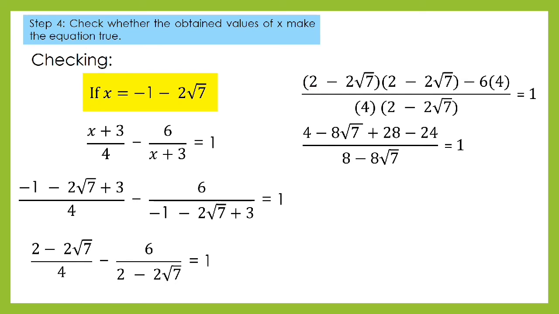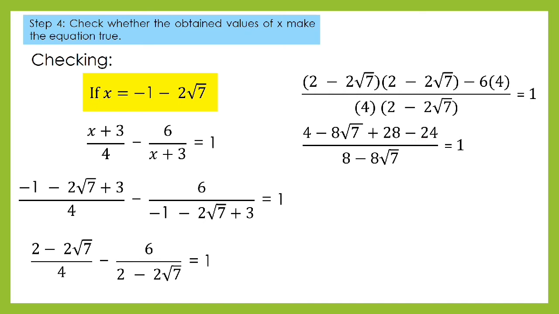Square of 2 is 4, and then square of 2 square root of 7 is 28. And then, we get the product of the first and last terms. That is 2 times negative 2 square root of 7 is negative 4 square root of 7. Ido-double natin or times 2. So, we get negative 8 square root of 7. Minus 6 times 4 is 24.